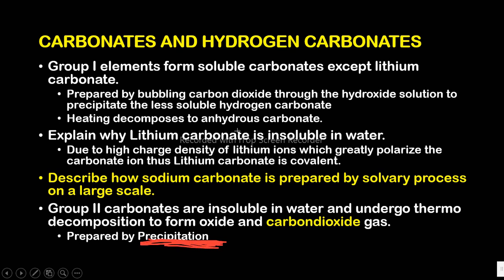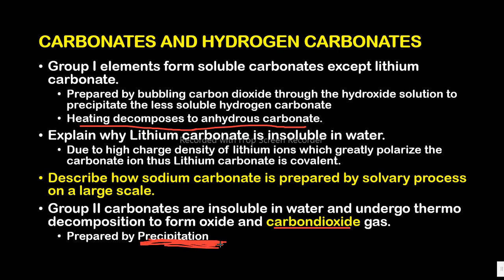However, you cannot prepare them the same way. Unlike group 1, where you heat sodium hydrogen carbonate to form sodium carbonate, if you heat group 2 carbonates they decompose to produce carbon dioxide gas and the metal oxide. So you can't prepare them in that same way.